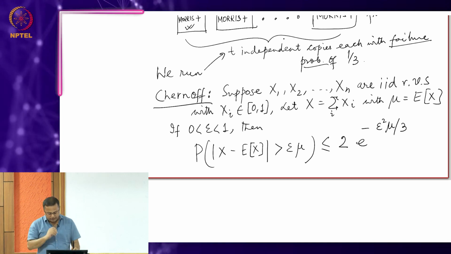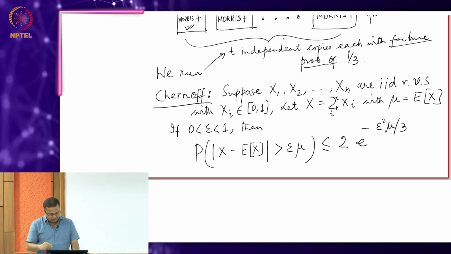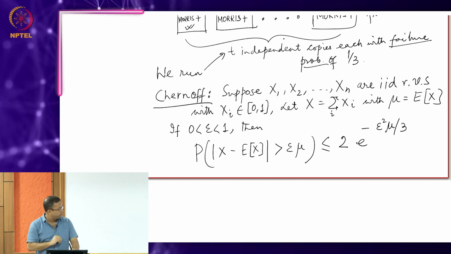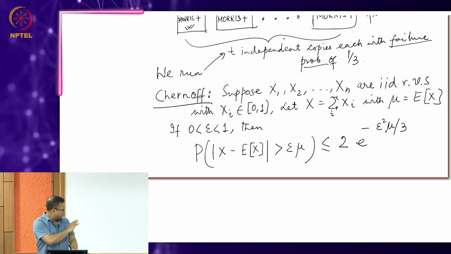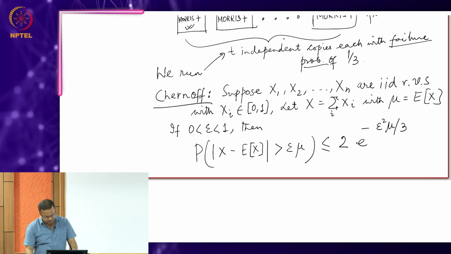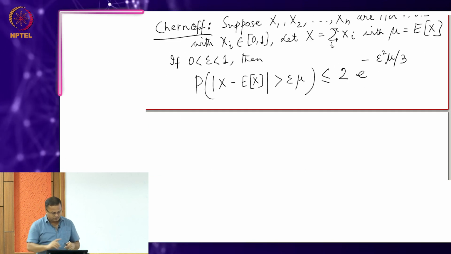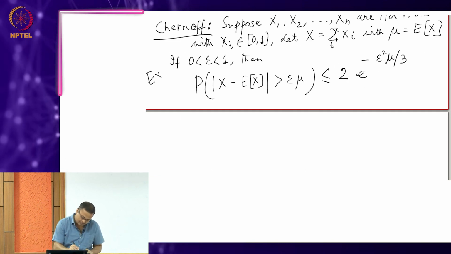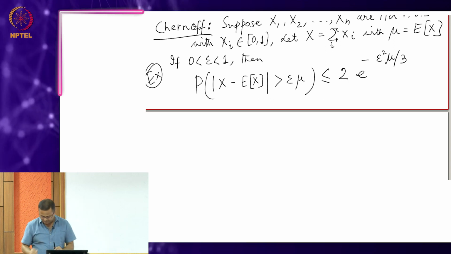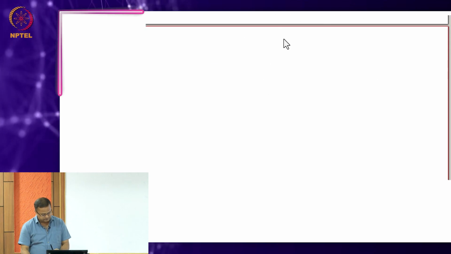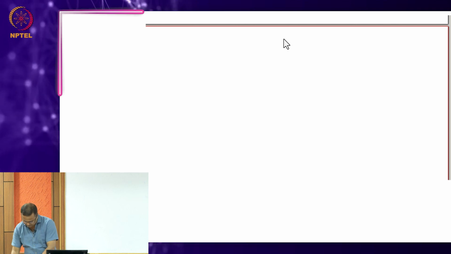It is for 0 1 IID random variables. I think this was in the exercise. Again, I give it to you as an exercise.